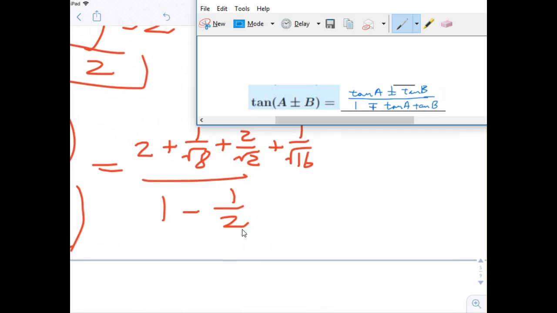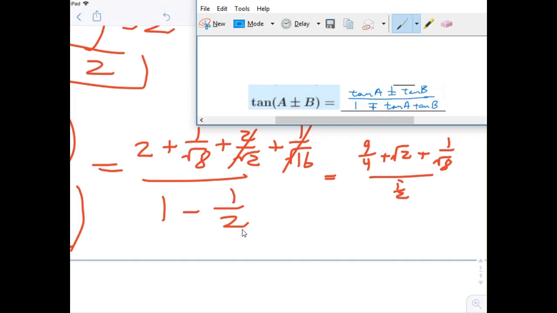This looks like it could be simplified. So this becomes square root of 2. This becomes 1/4. 2 plus 1/4 is 9/4 plus square root of 2 plus 1 over square root of 8 divided by 1/2.